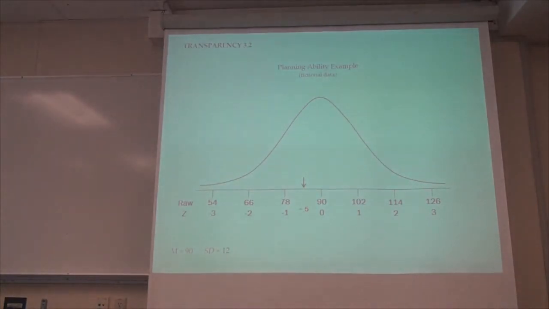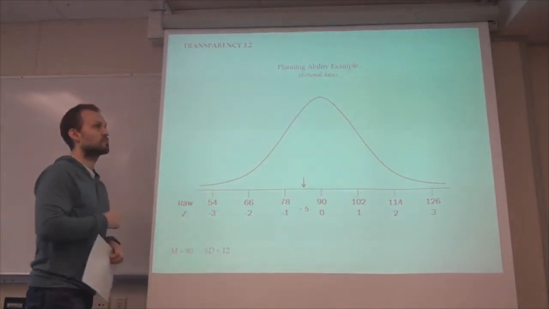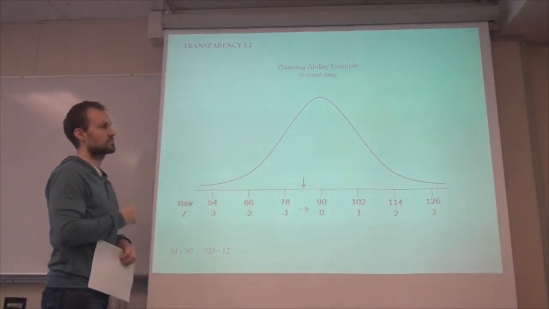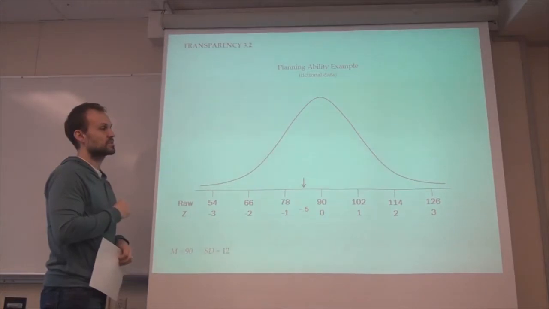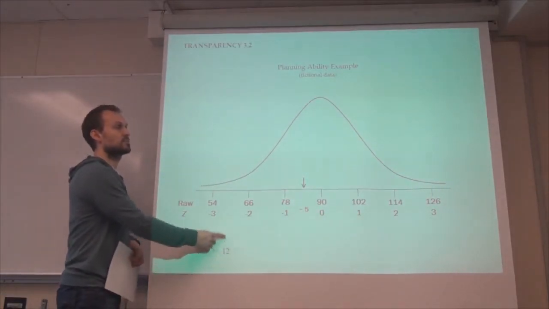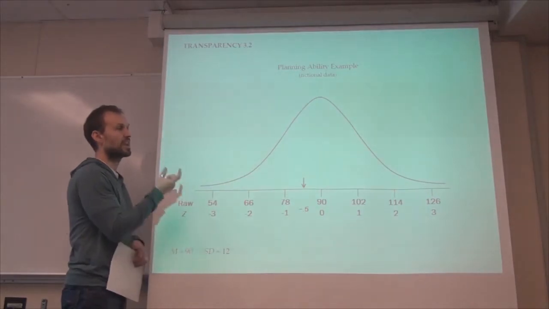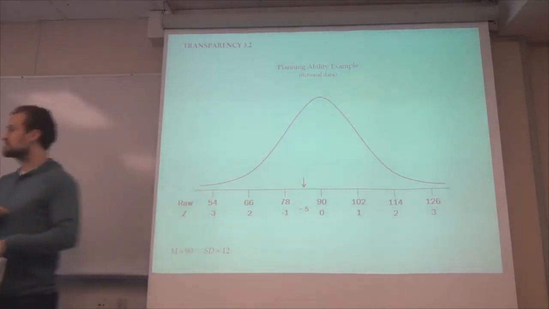So even though the actual number difference may seem high, it depends on the variability, by way of the standard deviation. That tells me how bad that score actually is. An 84 versus a 90 isn't that bad when the standard deviation is 12. It's only half a standard deviation step below the mean.